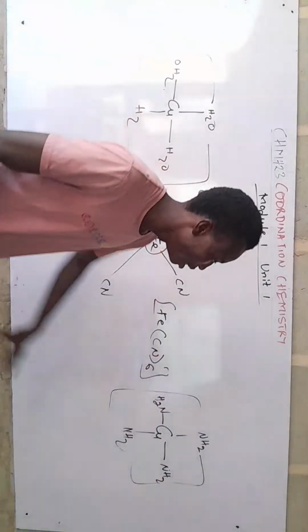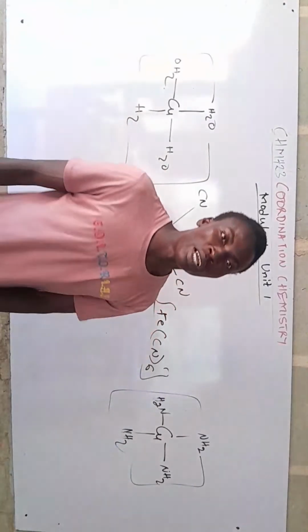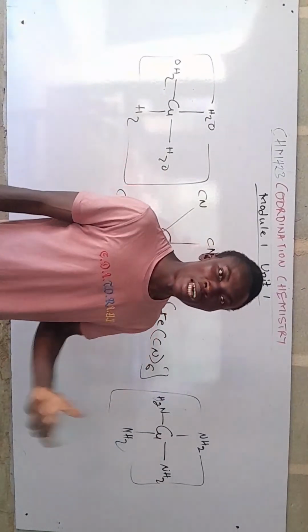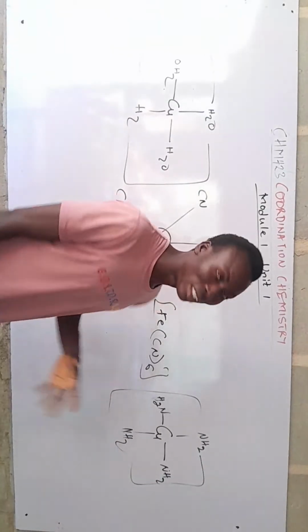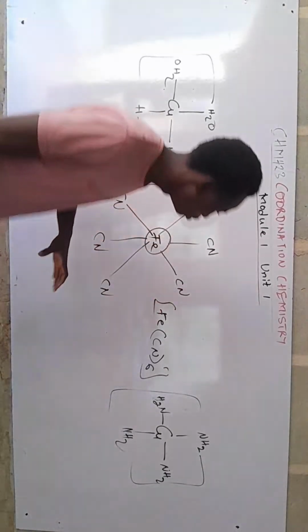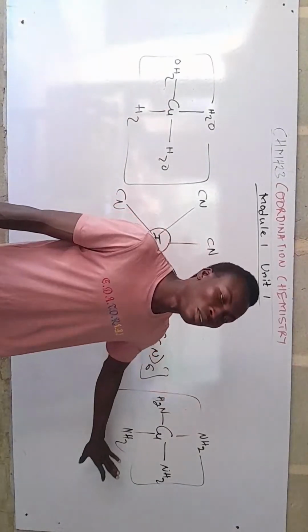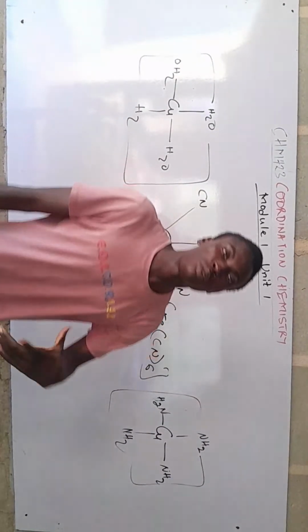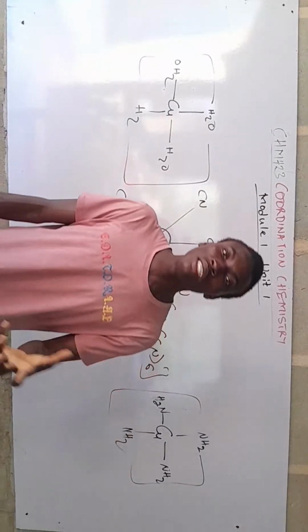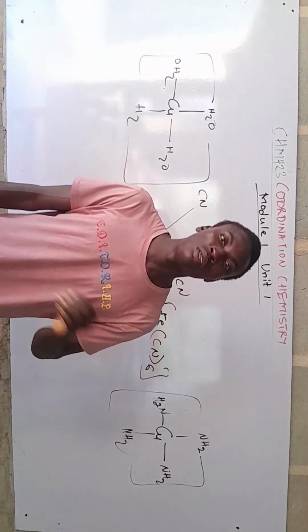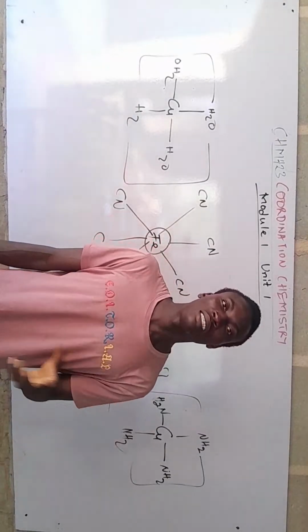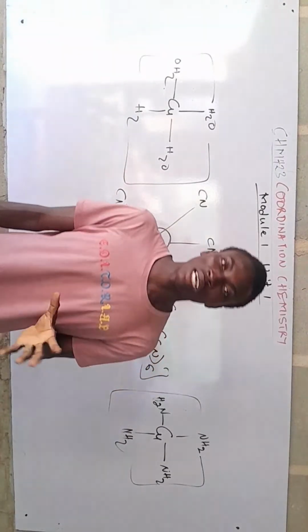As you can see, the Cu in the middle is the central atom, surrounded by the rest of the ligands. In this case, we are dealing with what we call Lewis acid and Lewis base, precisely speaking.